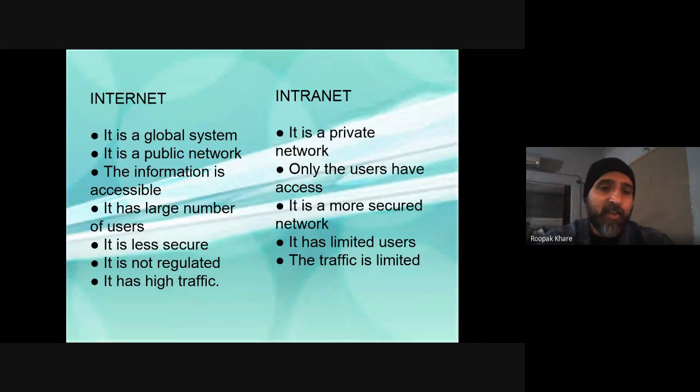It is very secure, while internet is not very secure. Internet is still not very regulated, while intranet has its rules and regulations because it has a closed group working for it. And there's high traffic on internet, while on intranet it is limited. So these are the differences between internet and intranet. This could even be a part of the questions in your examination, a very small question.